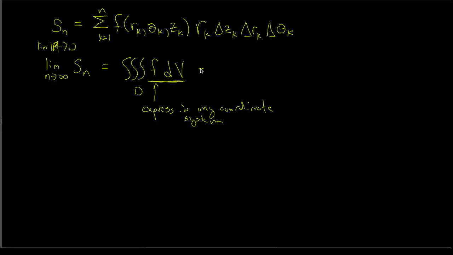If we're in cylindrical coordinates, then our function has to be converted to cylindrical coordinates, so some function of r, theta, and z. And then we'll multiply by r, dz, dr, d theta. And we're able to integrate across. So we have set up a triple integral like we have in Cartesian space.